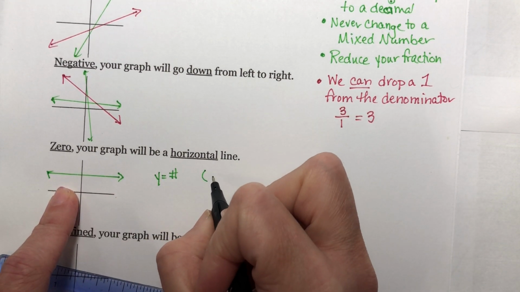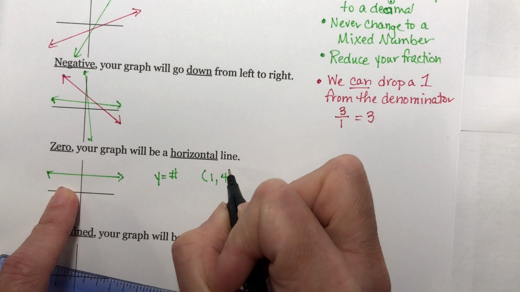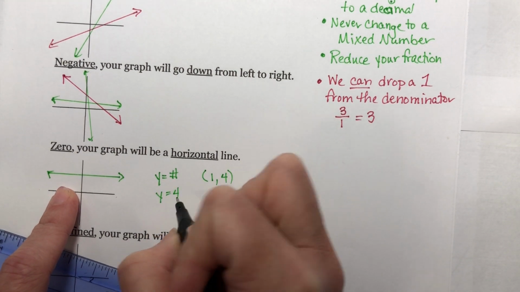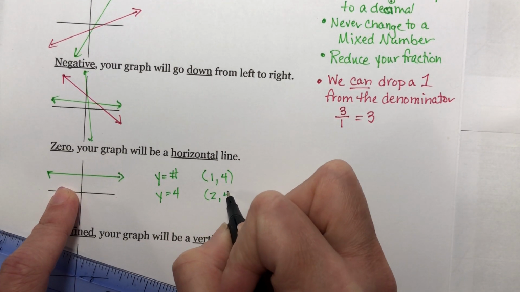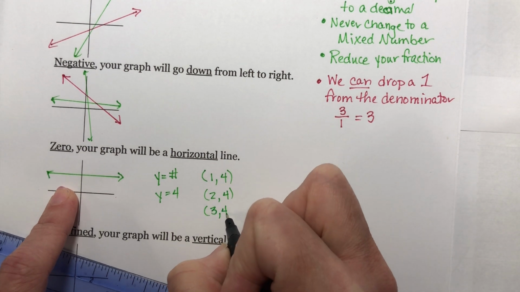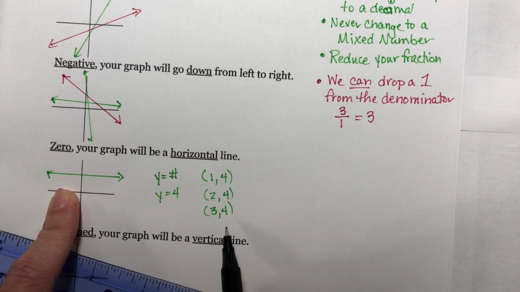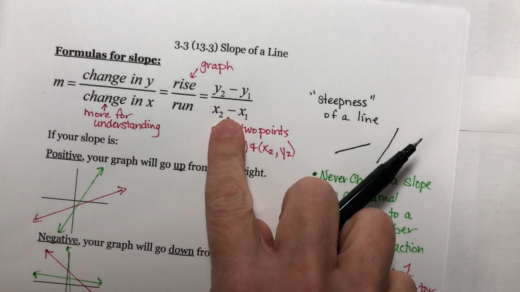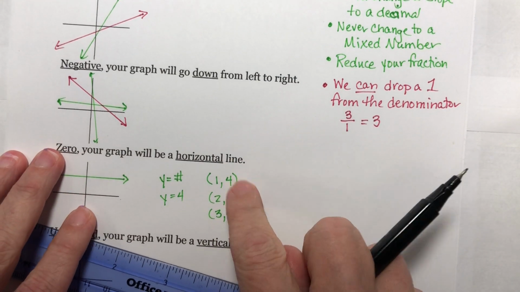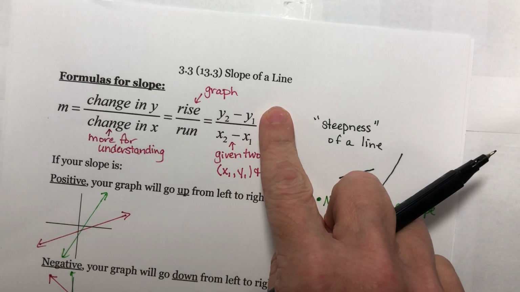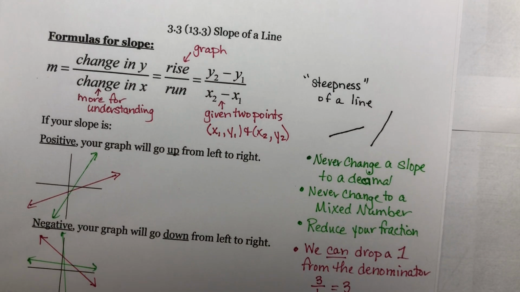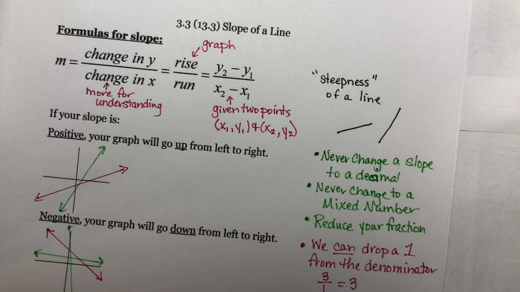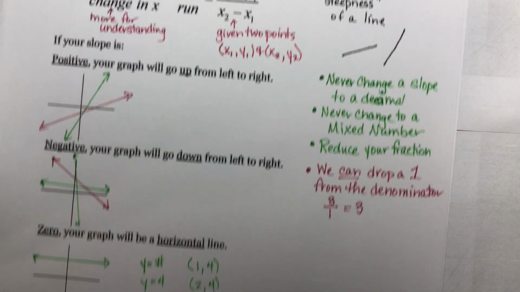Just imagine that it's y equals 4. So you would have 1, 4, 2, 4, 3, 4. All of these would be on the same line. And if you think about plugging into your formula, when you subtract your y values, you would get a 0 in the top. Okay, so I'm helping you make some connections with what we've done in the past.